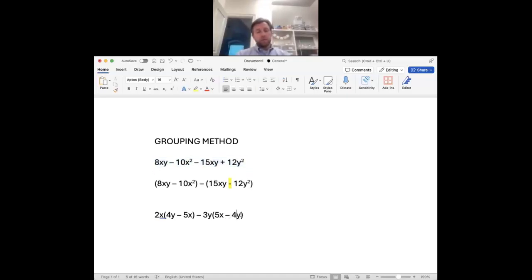So let me do this up here. If you ever get this result here, notice what's the difference between the two? The order of subtraction is just flipped. One's 4y minus 5x, flip it, 5x minus 4y. When you have that circumstance, that just means the signs are different. This one's a positive 4y, this one's a negative 4y, this is a negative 5x, this is a positive 5x.